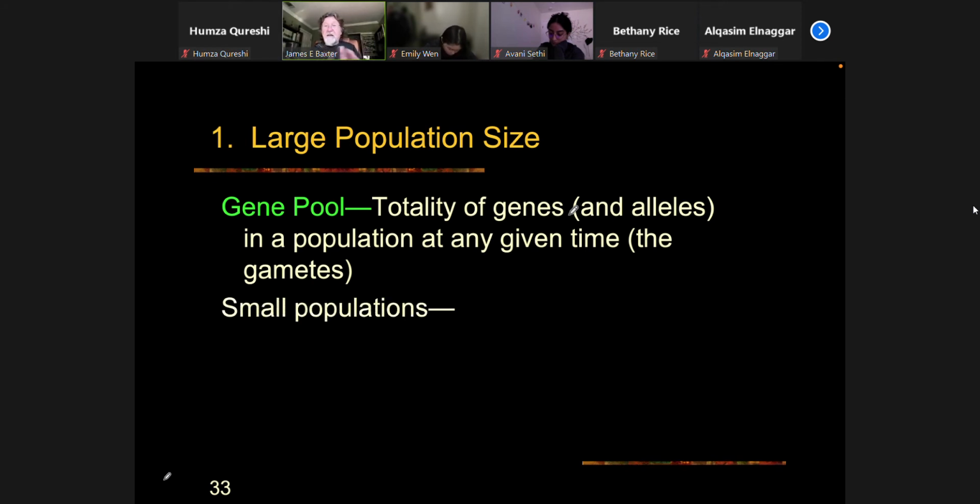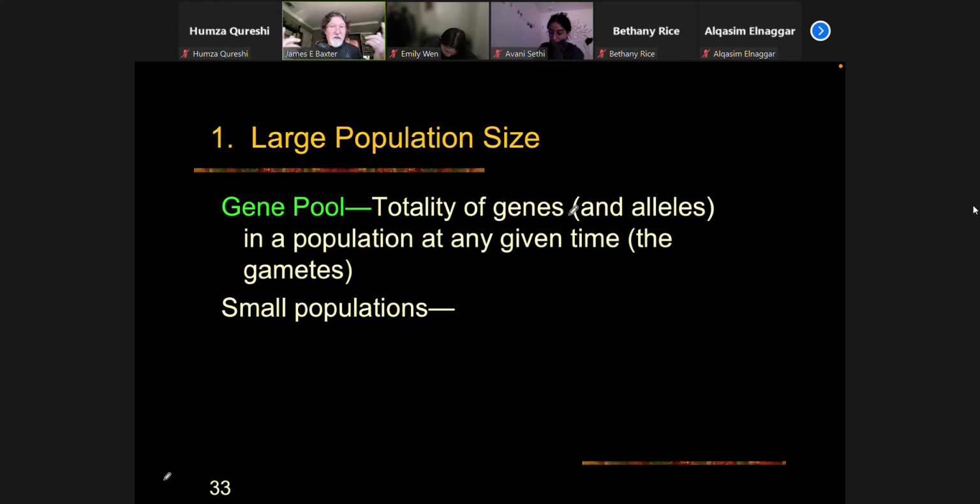Now, what happens here in small populations? Let's say that we have allele frequencies among the gametes, our gene pool. Our gene pool is 50% big R, 50% little r. In other words, p equals 0.5, q equals 0.5. And in the gametes, the totality of the gametes will have that same ratio. 50% of the sperm cells and egg cells carry big R, 50% of the sperm and eggs carry little r.